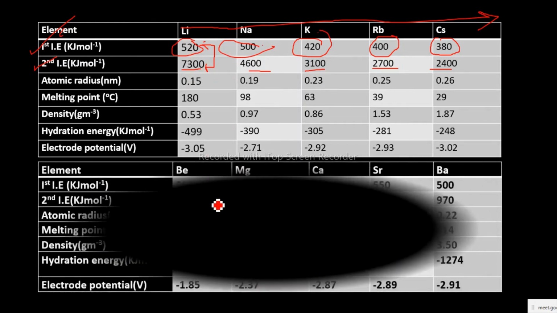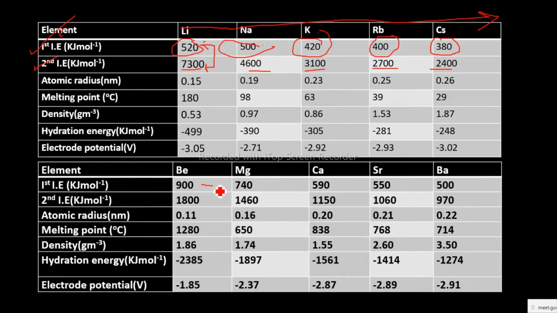Let me bring the table. You can compare the difference in second and first ionization energies for group 2 and for group 1.